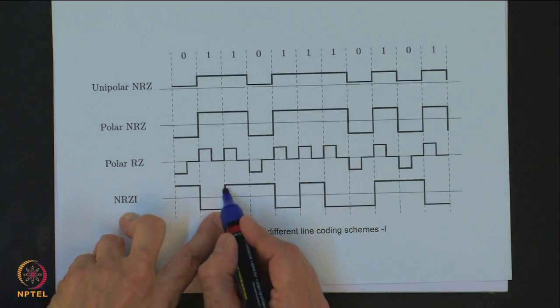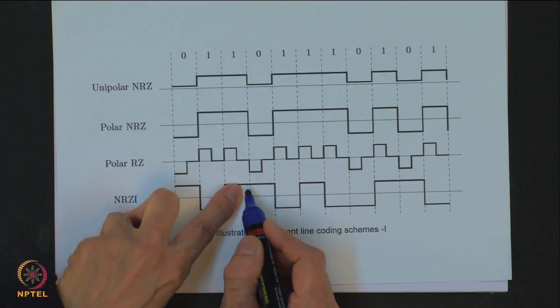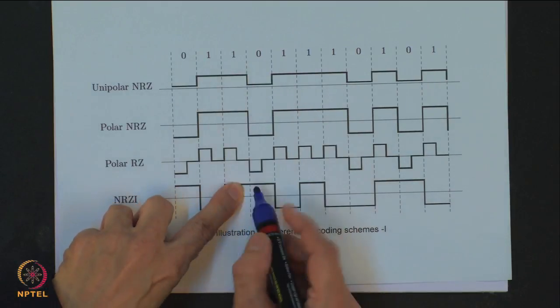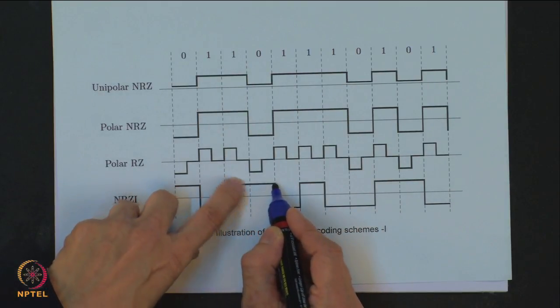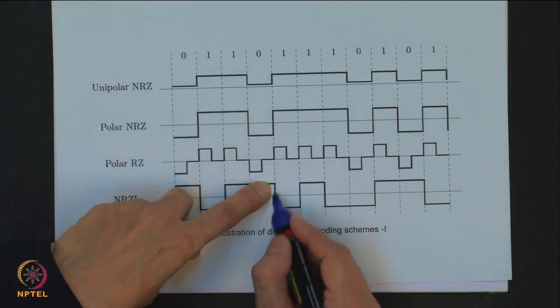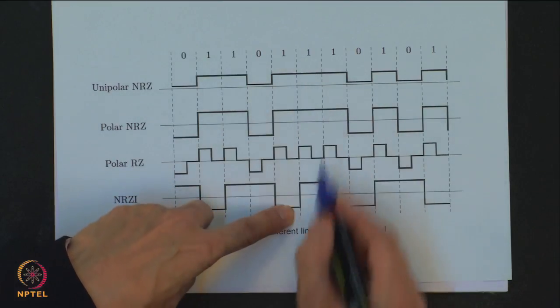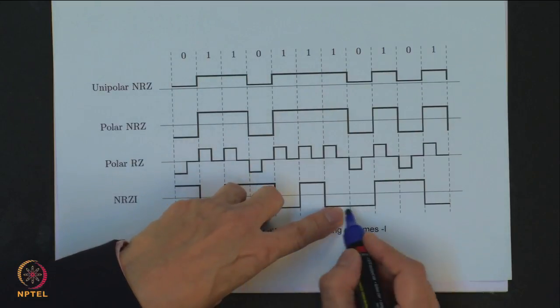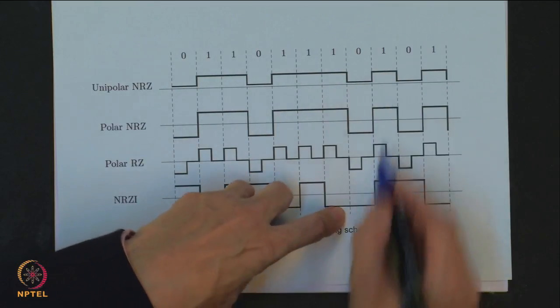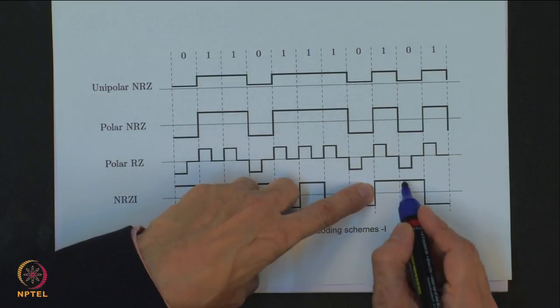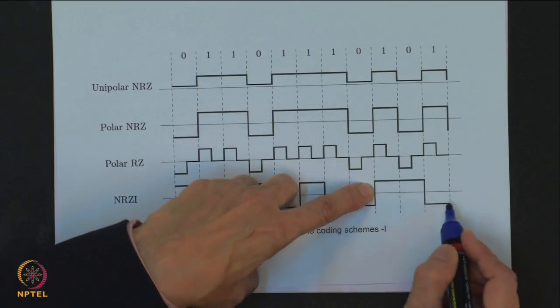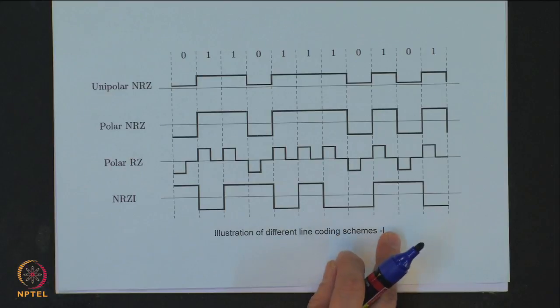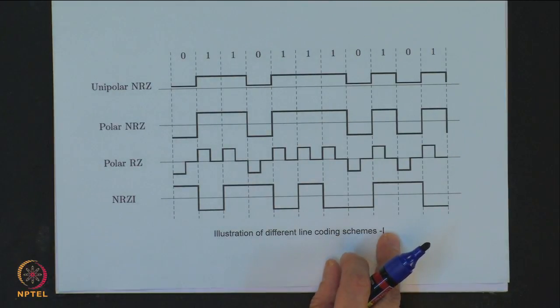Again 1 comes, so the transition takes place, changes the polarity. 0 comes, so no transition, so it continues. 1 comes, transition takes place. Again 1 comes, transition takes place. 1 comes, transition takes place. 0, so I continue. 1 transition, 0 no transition, and then 1 transition. So, this is known as NRZI. Okay.